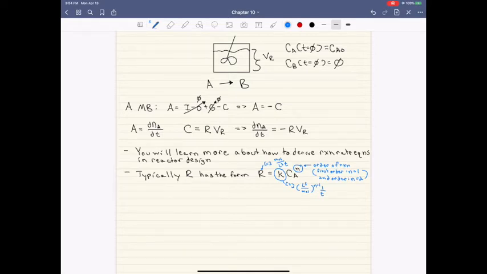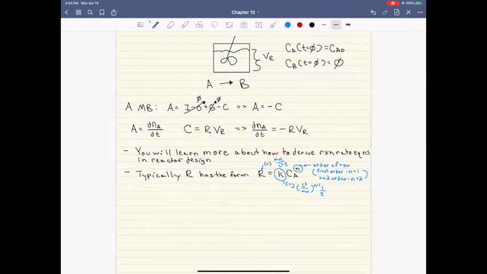Depending on what n is, that's going to determine what the units of k are. We could just say that the units of k are L cubed over mole raised to the n minus 1, over time. If you think about that for a moment, you could see how that will always give you moles per liters cubed per time.